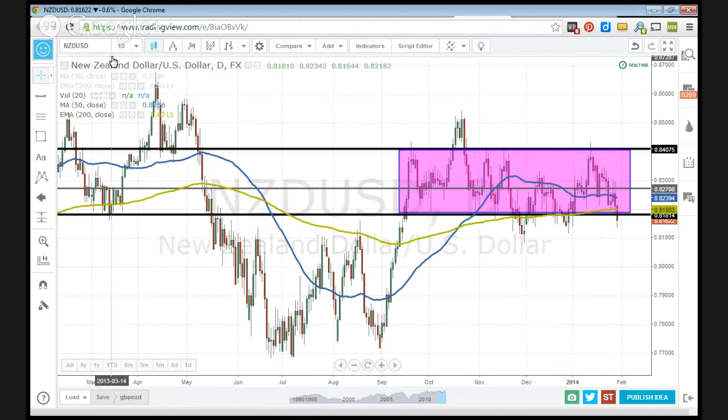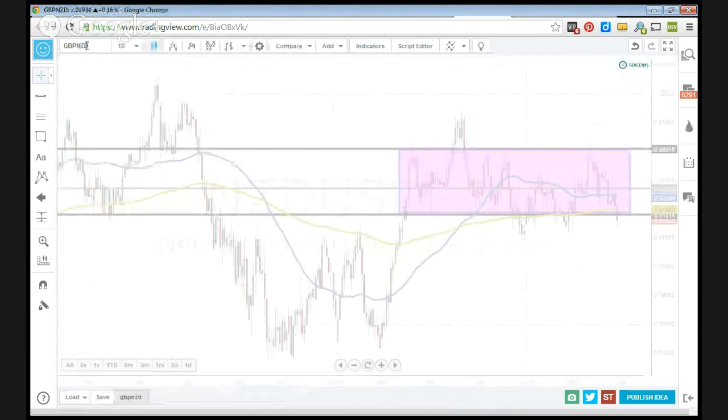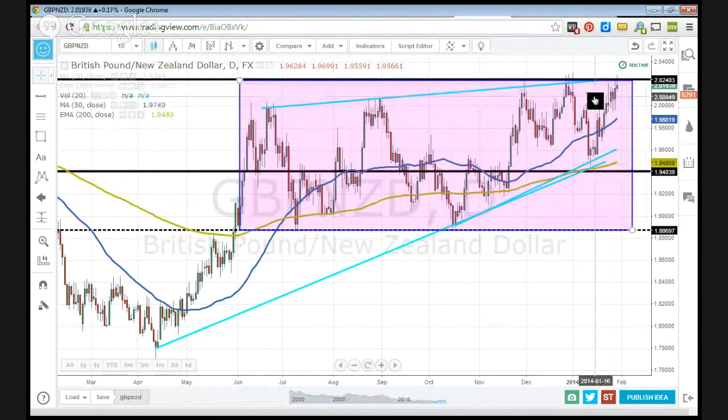However, when we look at pound Kiwi, so that's this chart, Kiwi dollar showing Kiwi weakness. Pound Kiwi is showing Kiwi weakness, or it's an uptrend, so it's showing Kiwi weakness. One of the things we were talking about earlier in this video is whether or not this is a short.